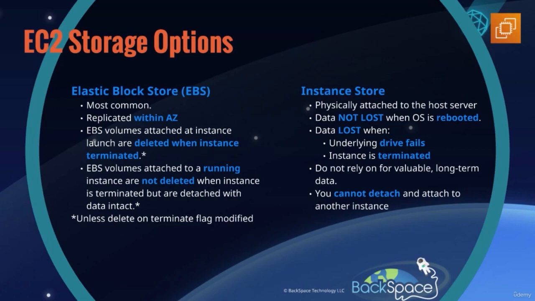It will also be lost if the instance is terminated. So you don't rely on an instance store for any valuable long-term data. But they are good because they do provide a little bit of a performance advantage over EBS. And you cannot detach an instance store volume and attach it to another instance.